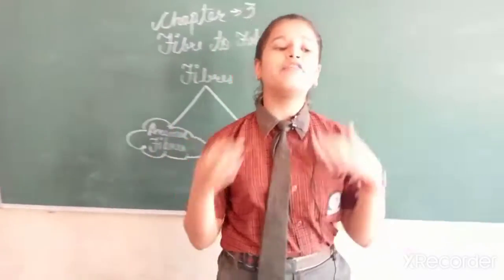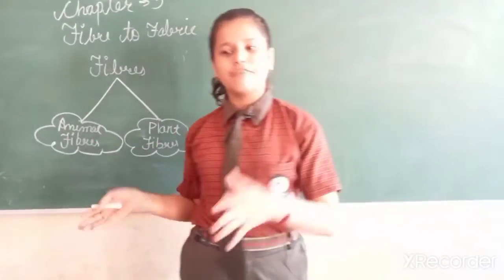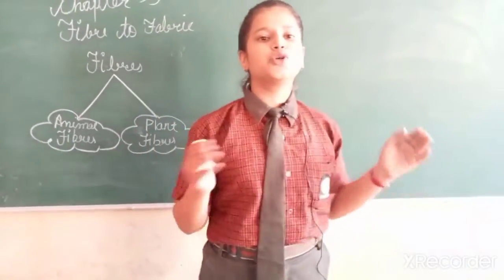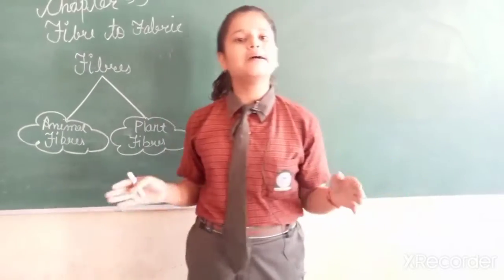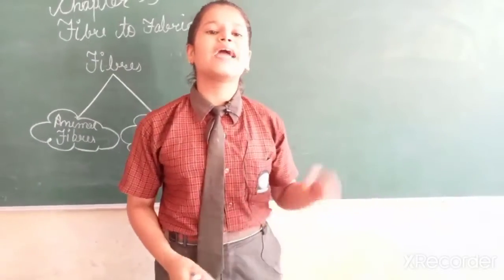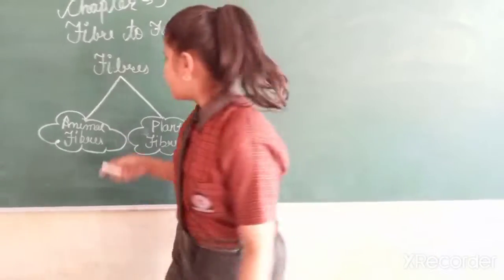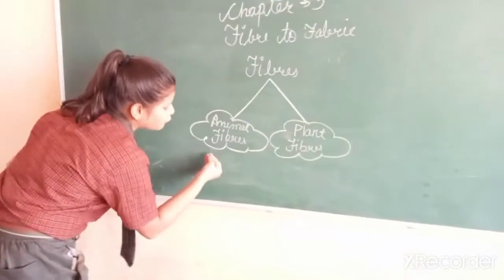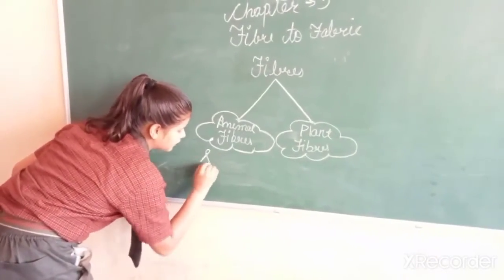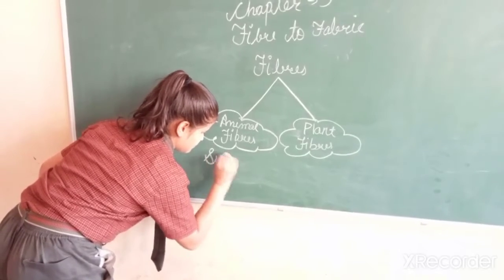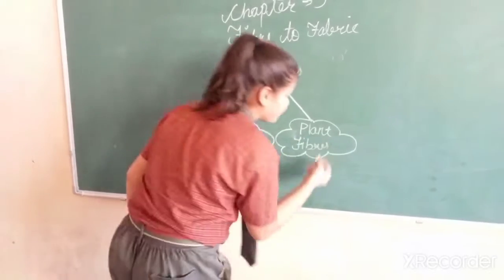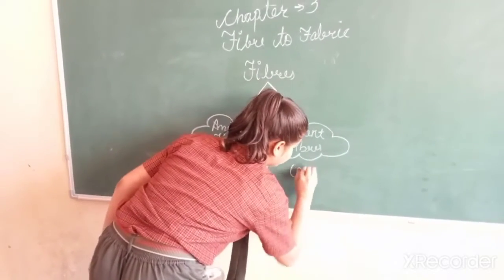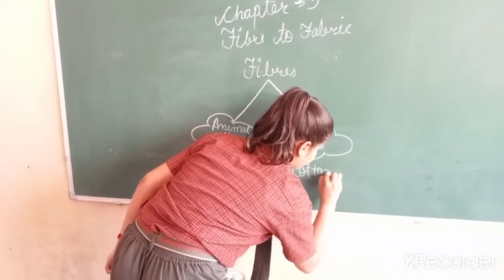The fibers that we obtain from plants are called plant fibers like cotton, jute, etc. And the fibers that we obtain from animals are called animal fibers like wool and silk. Examples of animal fiber are silk and wool, and examples of plant fibers are cotton and jute.